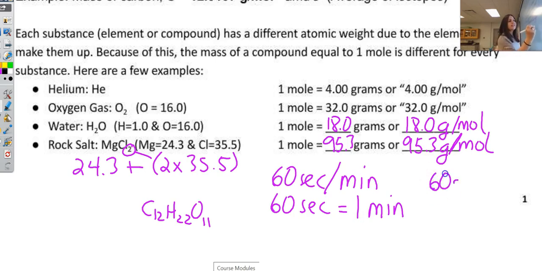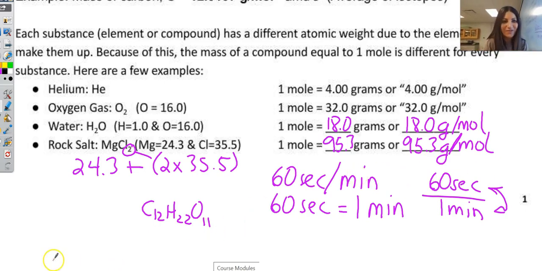I could write 60 seconds per 1 minute, or I can have this flipped. But would it be correct to say 60 minutes per second? No. That doesn't make any sense, okay? So just keep in mind that as we move into the second part of this, you want to make sure that it makes sense. And so these slashes can also be written as what? Equal signs. Awesome, okay? All right, I hope you got what we did in this first part, and we'll be moving on to the second part very soon.